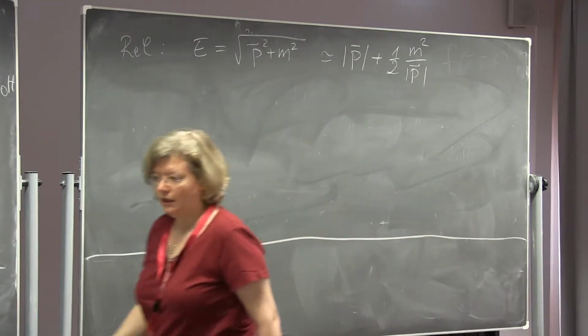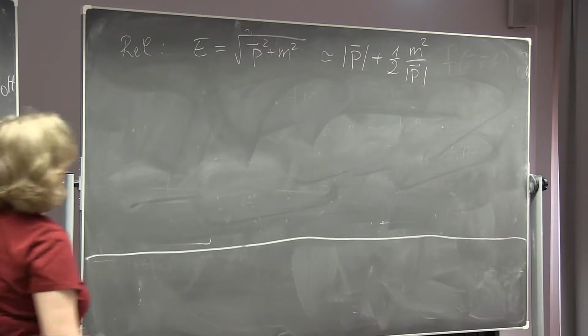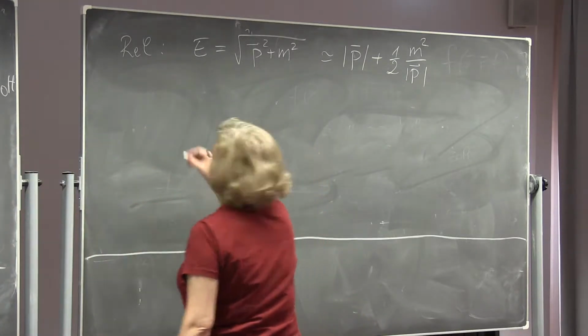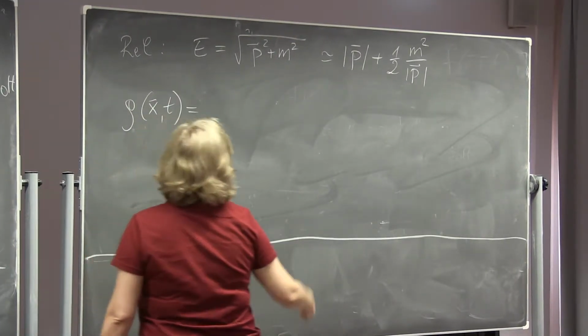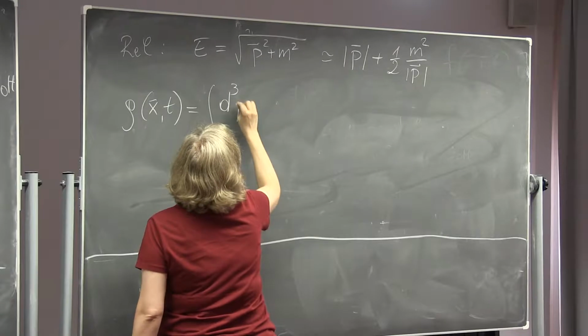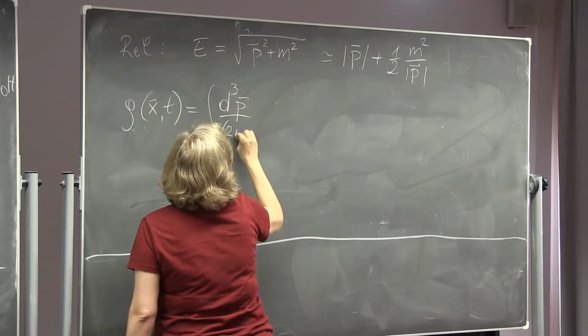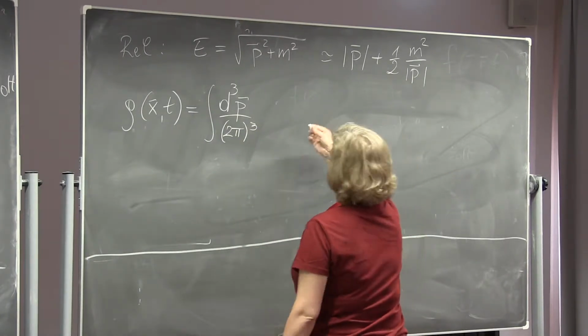Okay? And then it should be clear that we can do in practice the integral that we had before. In particular, you can see it already from the density of particles. In practice, it would be something like the integral of d^3p over (2 pi)^3. And here you would have this expression, or the square root if you prefer.